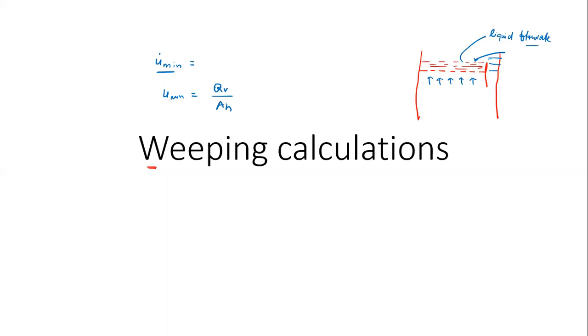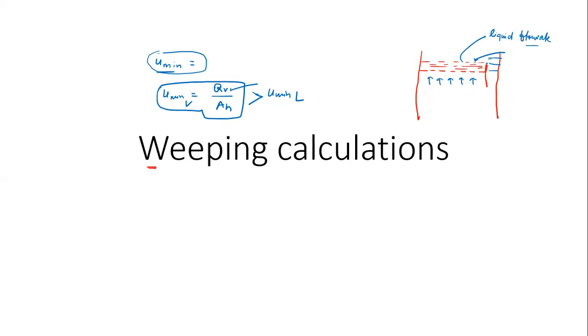So if this velocity of vapor, found on a flow rate of vapor, is more than a minimum velocity of vapor found out based on the liquid parameters, I'll say U minimum liquid, U minimum vapor, if this is higher than U minimum, then you say there is no weeping. Clear?